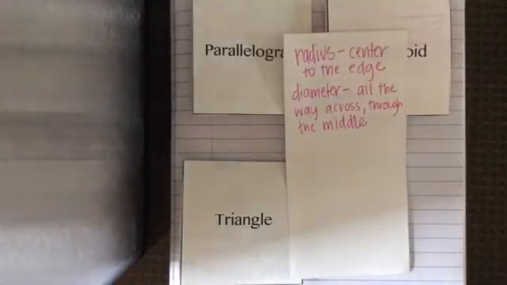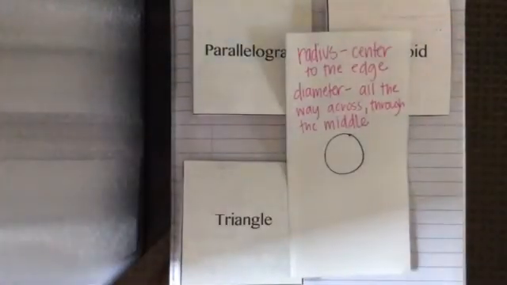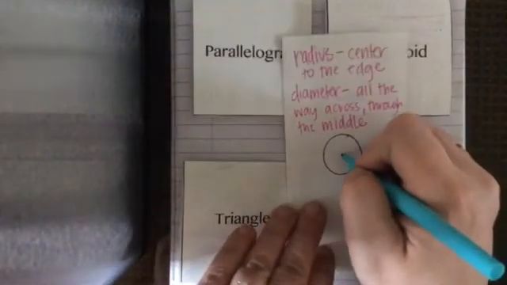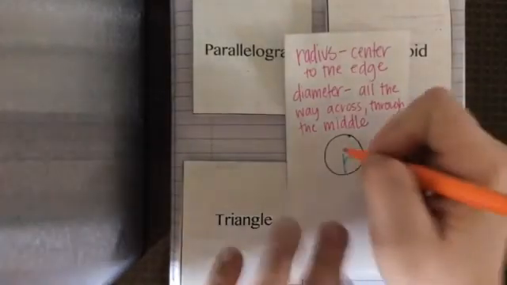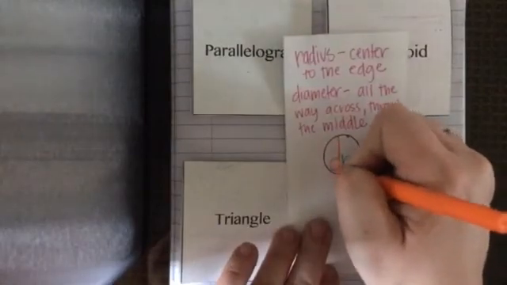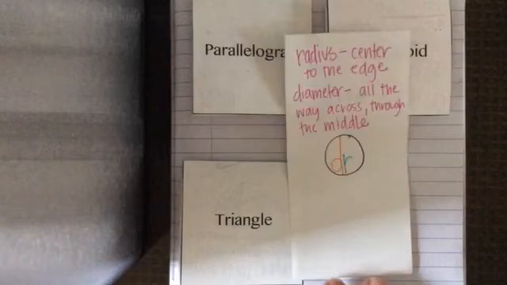I know I've shown you this picture before. An easy way to remember what this looks like is R for radius is short and halfway. D for diameter is tall and all the way through.